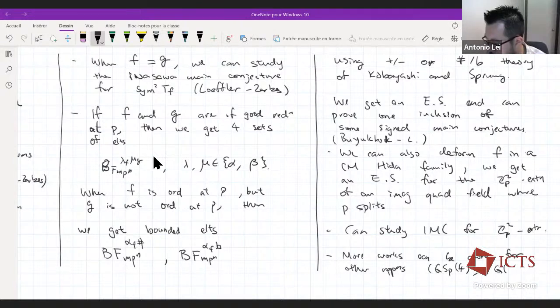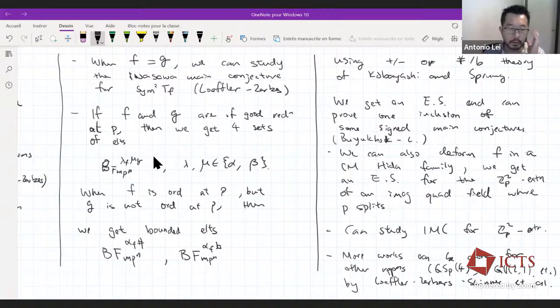There's work on GU(2,1), etc. These are works by other people, Skinner and others. These constructions also have quite similar flavor, but as the representations get more complicated, the constructions become more complicated.